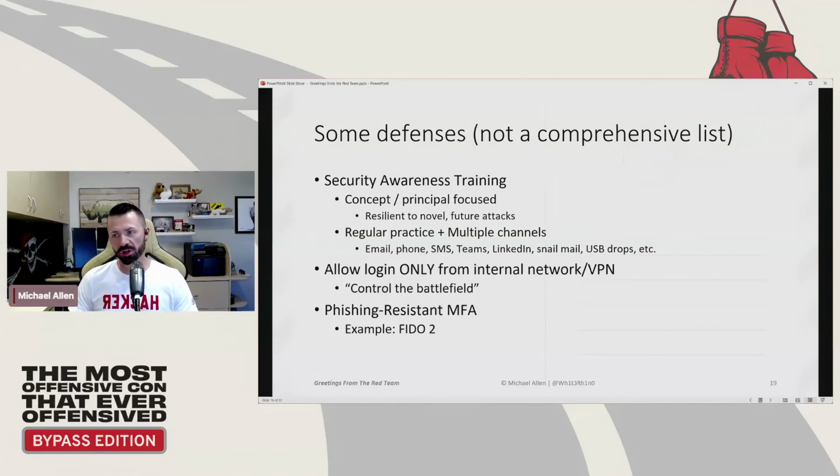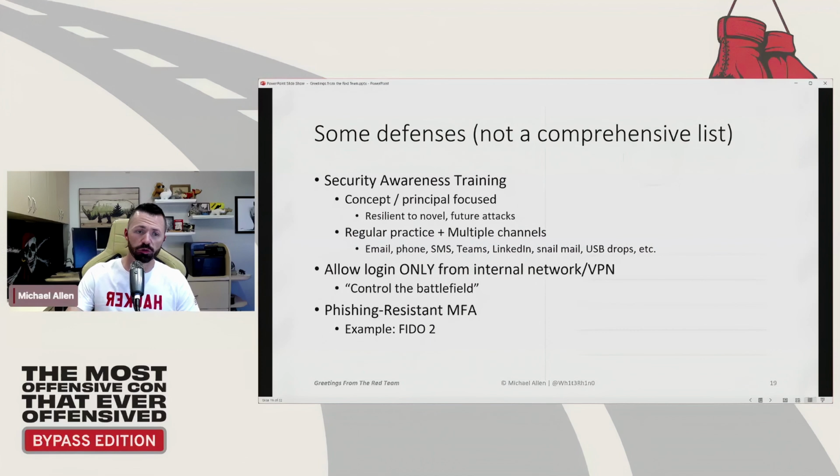The key with the security awareness training is to make sure that it's concept or principle focused, and that the users also receive regular practice over multiple channels. These two things will make sure that the users are expecting the unexpected, and they're being trained to look for suspicious qualities and to verify suspicious actions or situations, no matter what channel it comes over.